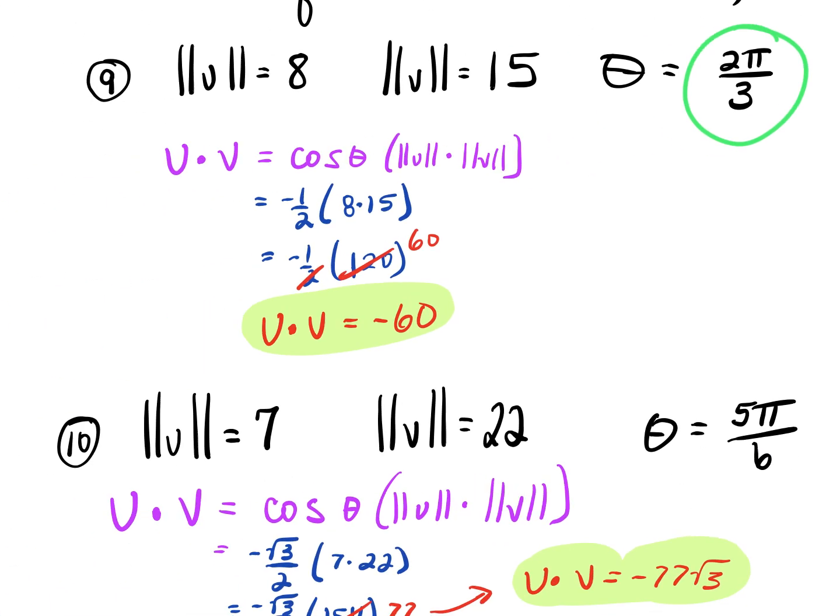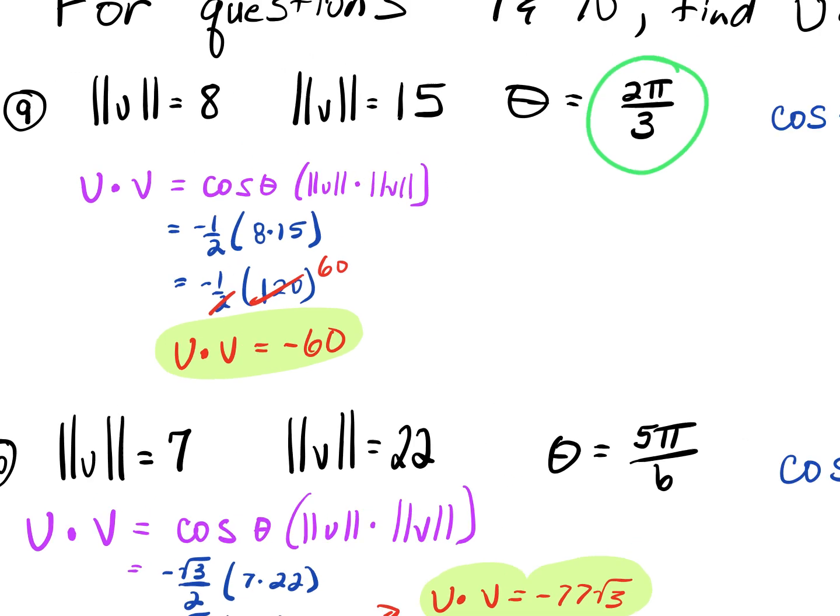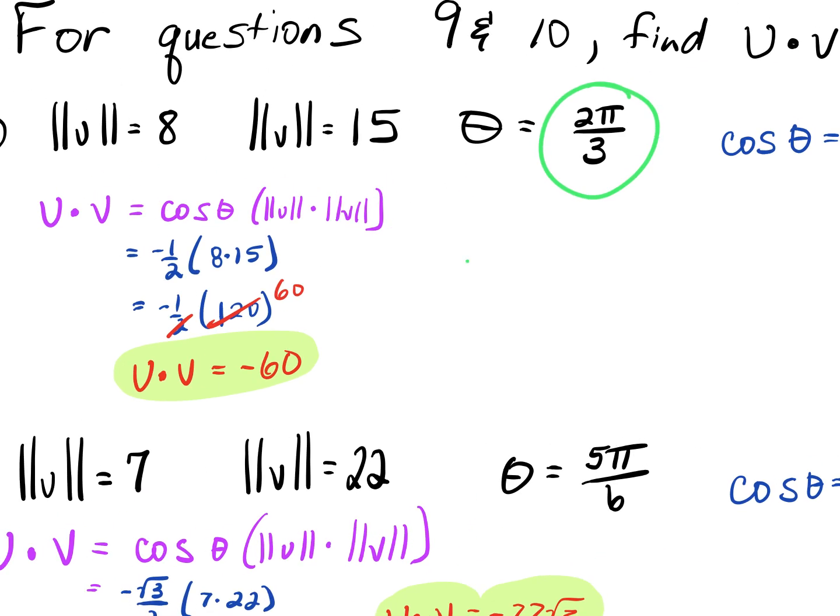So you just literally set it up. You can do it the way I did it. I solved first for the dot product and then just plugged everything in. You don't have to do it that way. You can do it like we did yesterday, where you set it up as a proportion. You could say cosine, so it's 1/2, right, equals the dot product, which we don't know, we're trying to find, over the magnitudes, which would be 8 times 15.